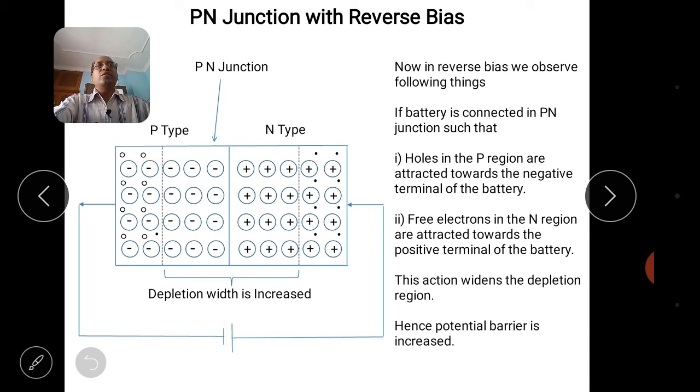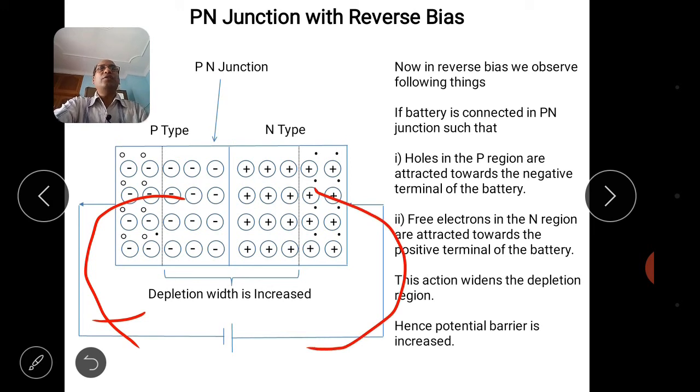Holes in the p region are attracted towards the negative terminal of the battery, and free electrons in the n region are attracted towards the positive terminal of the battery. This action widens the depletion region, hence the potential barrier is increased. In the diagram it is clear that the depletion width has increased, and that is why the potential barrier is also increased.